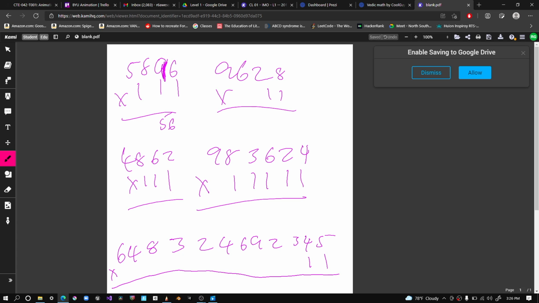So we have 4, and then we have 2 extra. And 2 extra would mean that 5 plus 8 is 13. 13 plus 9 equals 22. And 22 plus 2 equals 24. So that's 24.